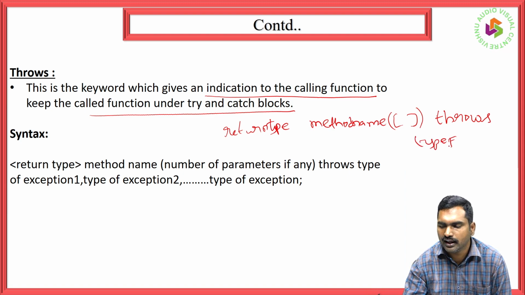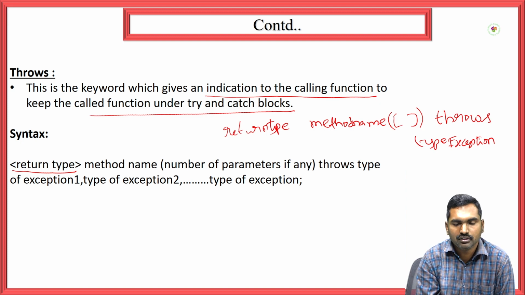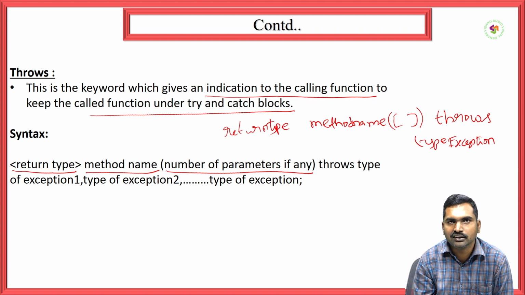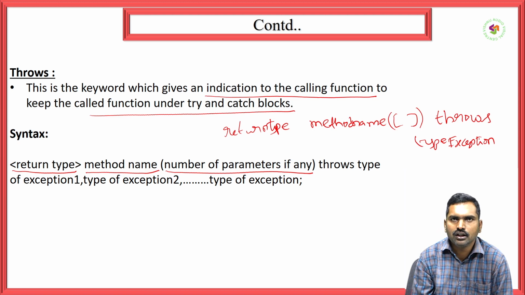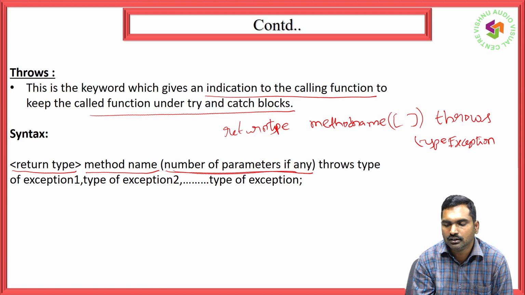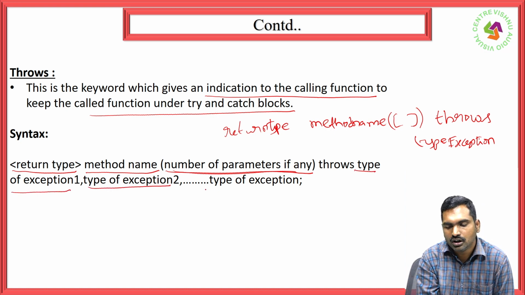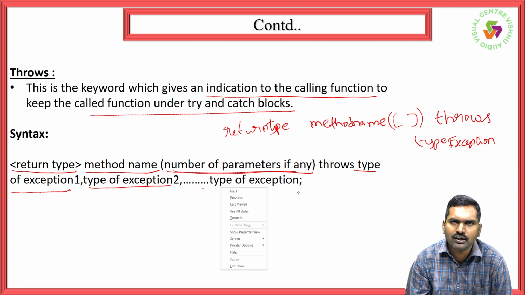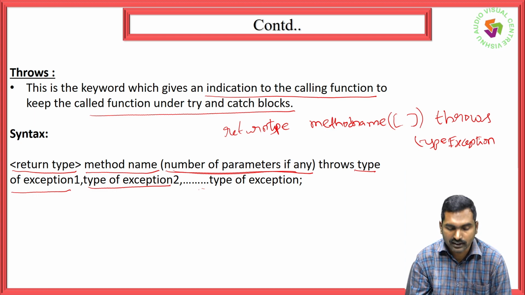We can write more than one exception by separating them with commas. See the syntax: return type, method name, and the parameters, if any. That means optional. If your function has any parameters, you can include them; otherwise, you can leave it empty. And throws, type of exception 1, type of exception 2, and so on. We can include more than one type of exception. Okay, so this is about the throws keyword.